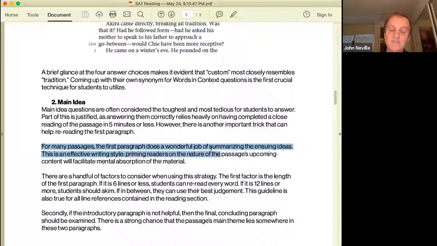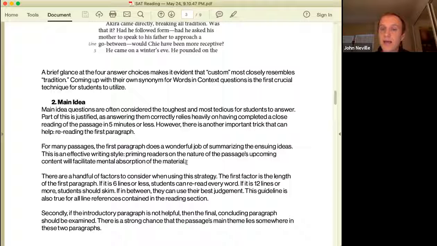I would say it's more often the first paragraph than the last paragraph. The last paragraph also, if there's an experiment involved in the passage, a lot of times will just summarize the results of the experiment. And that's not going to give you necessarily the overarching big theme. So the first paragraph would do a better job.